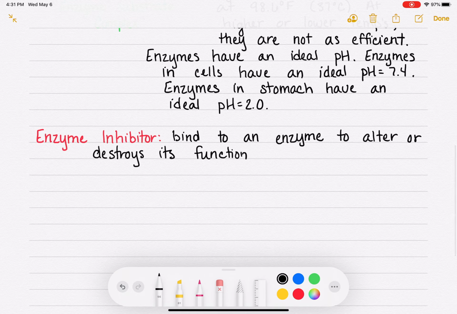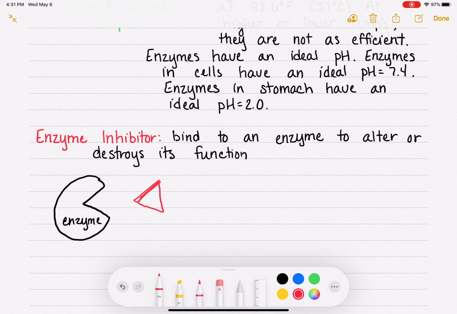I'm just going to go back to the Pac-Man enzyme again. So here is our enzyme. And one way that we could inhibit this enzyme, and remember our substrate is going to be this red triangle molecule that fits perfectly, is by fitting it with some sort of incorrect but well-fitting green molecule.